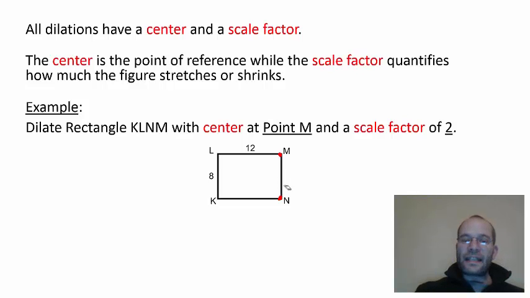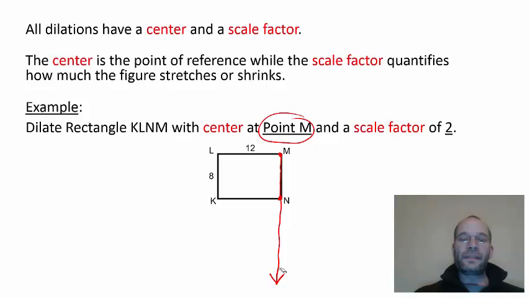What I said is that the image and the pre-image of every point lie on a ray with endpoint at the center. So because M is our center, I know that there is a ray that exists called ray MN, goes in this direction, not the straightest line in the world. And I also know that N prime will be somewhere on that ray. Let me say it again.